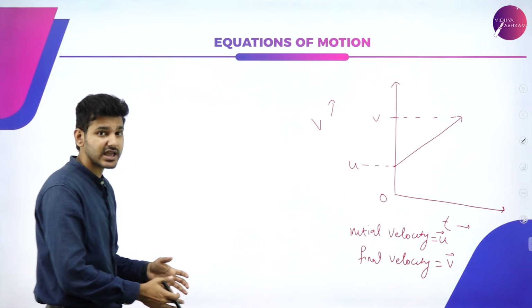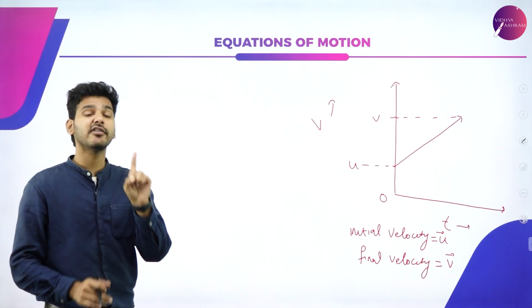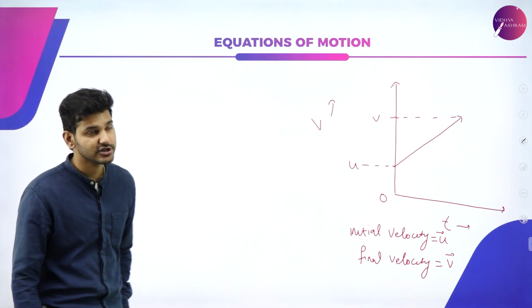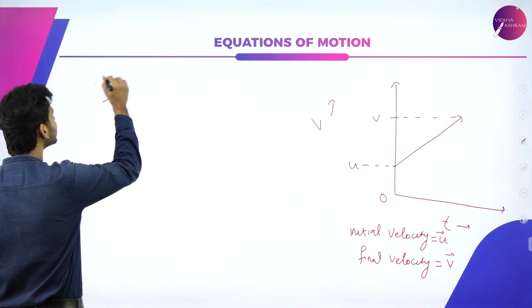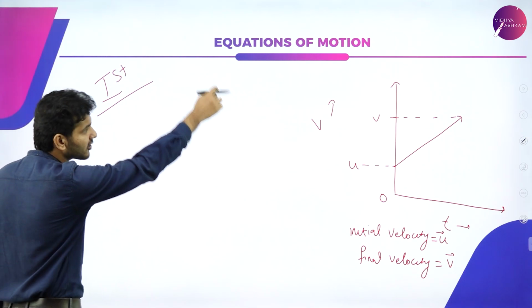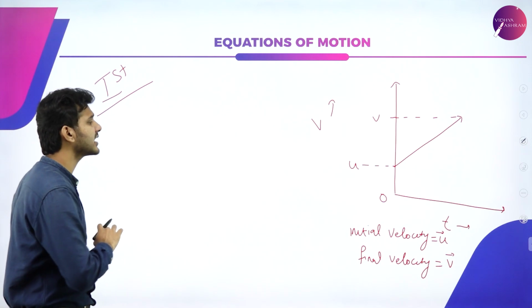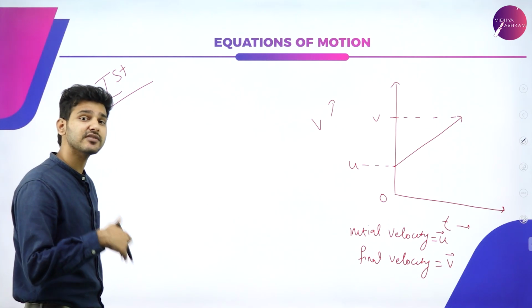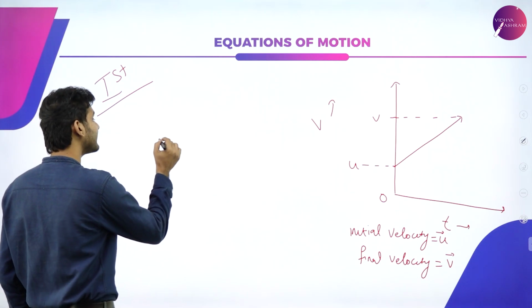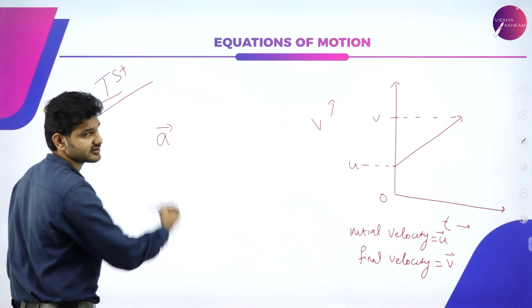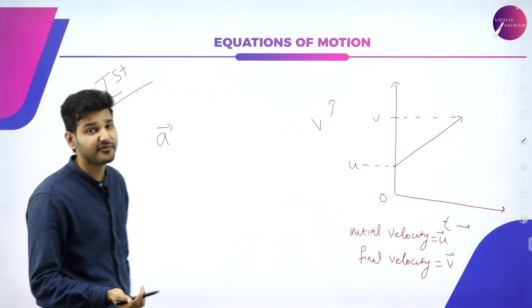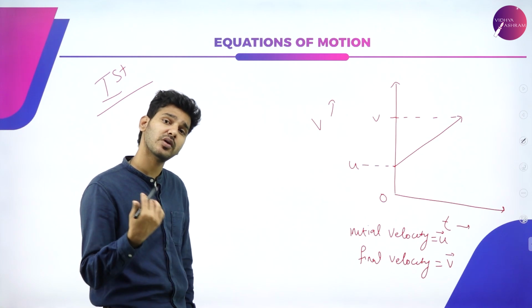In this particular case, we are going to derive the first equation of motion. It is very simple. You don't have to worry about anything. We are not bringing in any new quantities. The only thing we are going to do is find out what is acceleration. We already know from the graphical methods how we can find out what acceleration is.